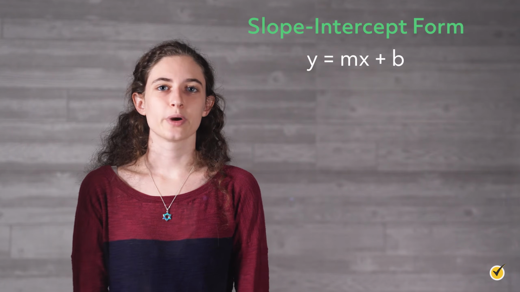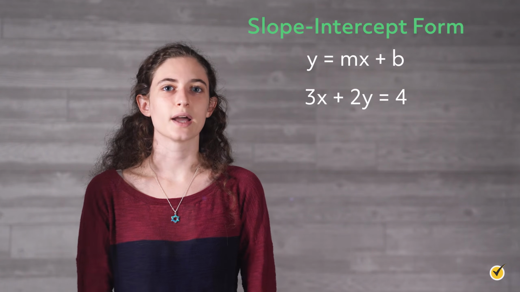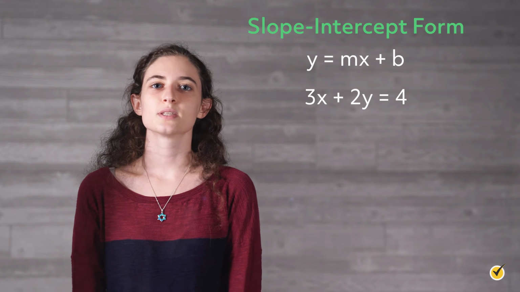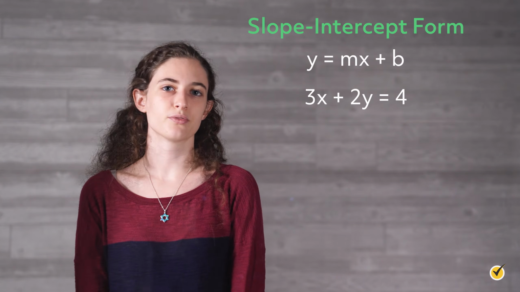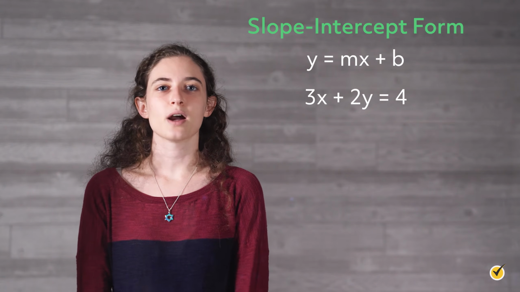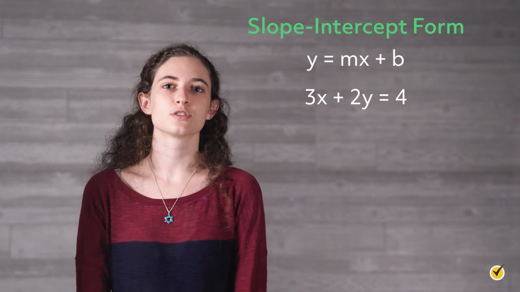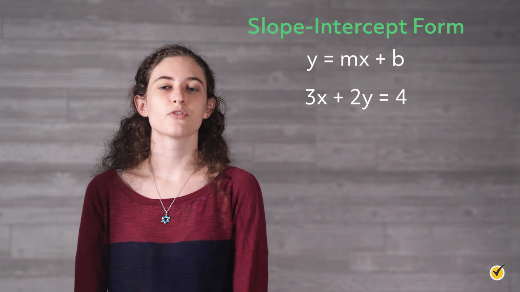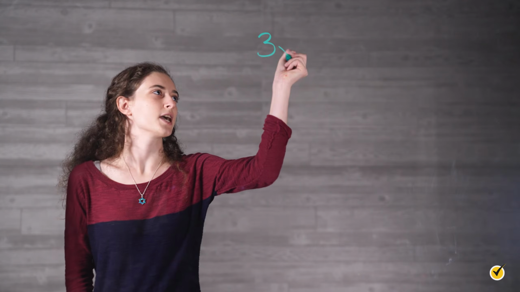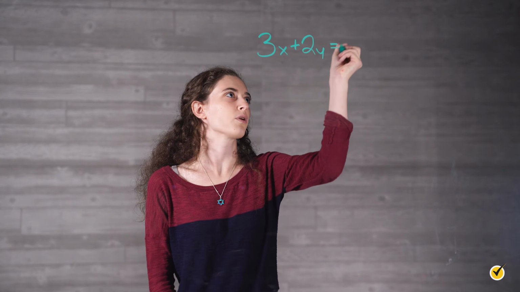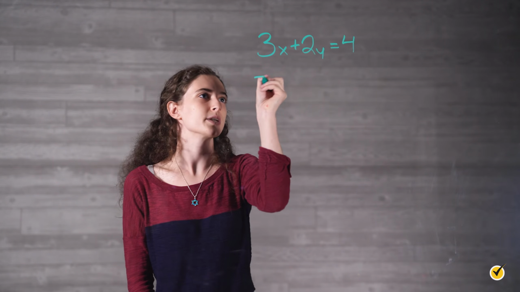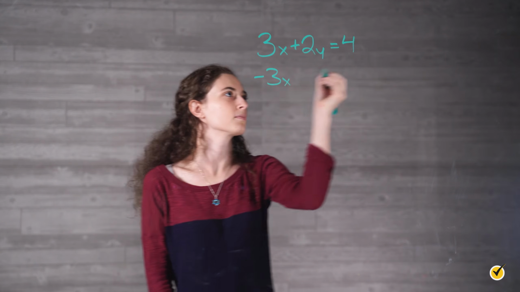Consider the standard form equation 3x plus 2y equals 4. You notice immediately that while 4 is a multiple of 2, it is not a multiple of 3. A better way to graph this line is to first convert it to slope-intercept form by solving for the variable y. To do this, we take our equation 3x plus 2y equals 4 and subtract 3x from both sides.